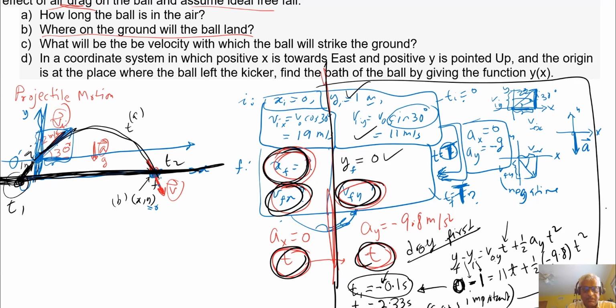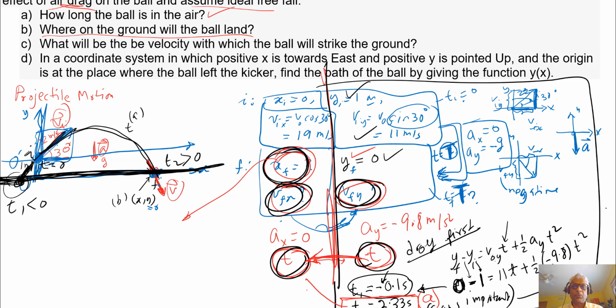Using this, I get xf equals, this is 0, and this is the average of 19. The average will be the same, so this will be 19 plus 19 over 2 times t, which is 19t, which is 19 times 2.33. Using the calculator, this is 44.3 meters. So that's the answer for B.